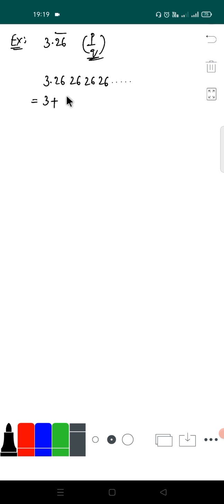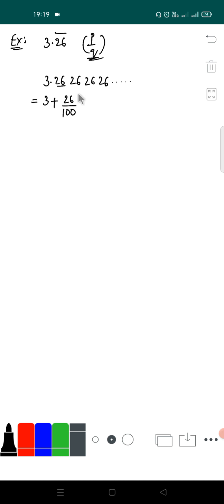we can write like this, and this first 26 can be written like this: 26 by 100, it is nothing but 0.26.